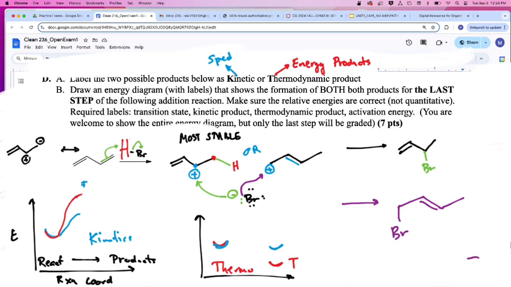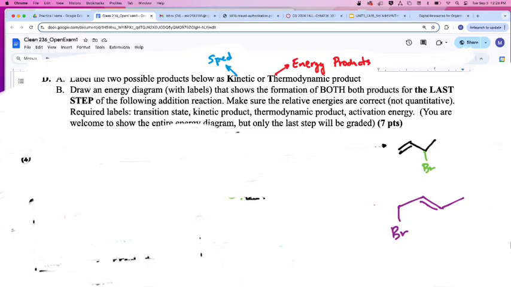So we get those two products. Okay. Now the fun question. You ready? Which one's more stable? The top one's. Oh, wait. That's a hard question. No, they're all neutral. We can't tell.